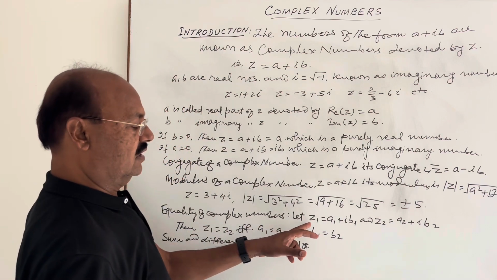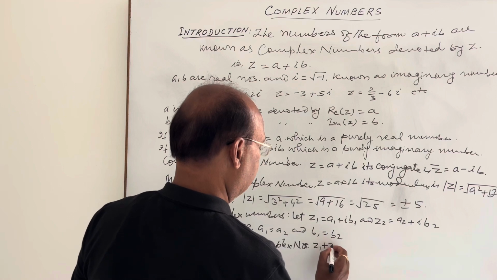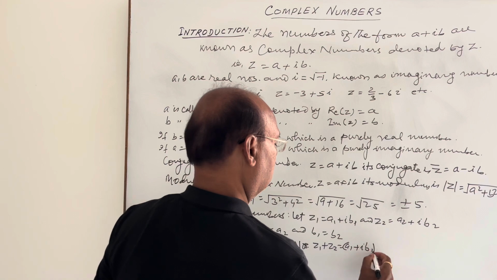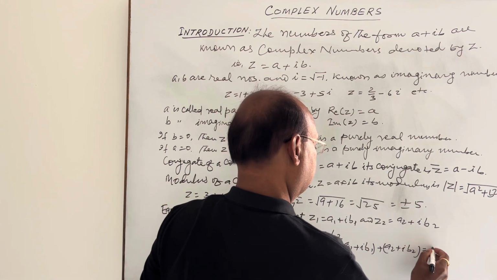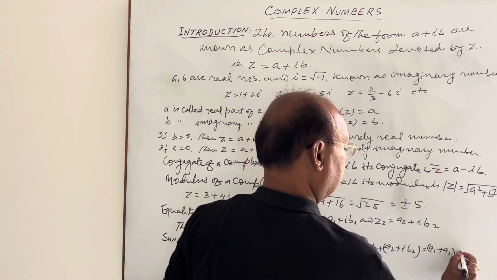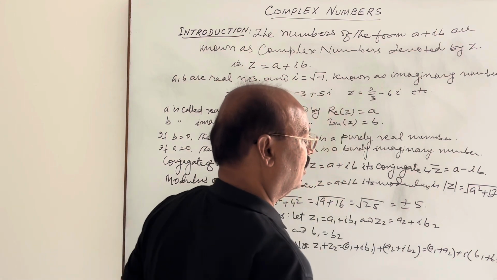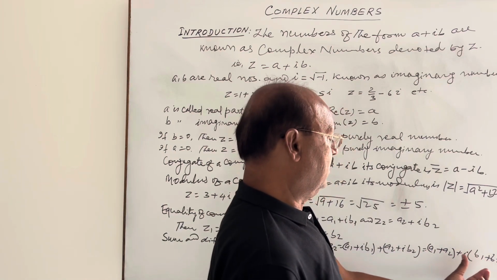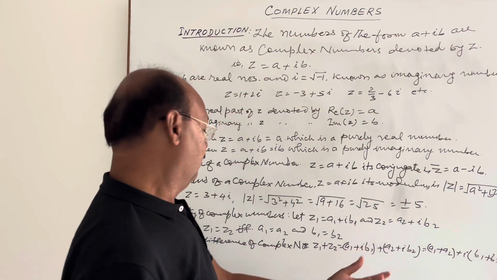In this case, we are considering z1 and z2. z1 plus z2 is equal to a1 plus ib1 plus a2 plus ib2, and this is equal to a1 plus a2, real parts are being added together, plus i into b1 plus b2. So here real parts are added together, similarly imaginary parts are added together. So we are getting the sum of two complex numbers z1 and z2.